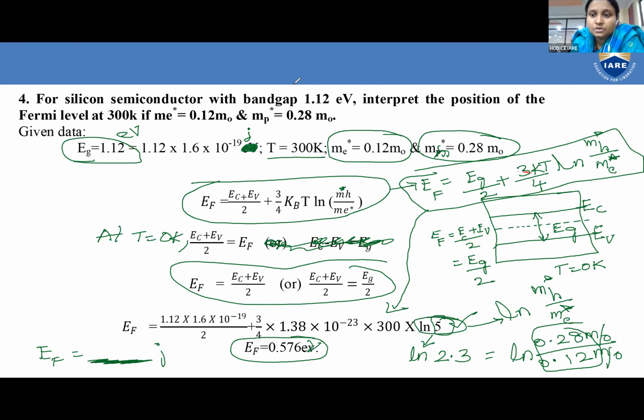Can anyone tell me the answer in joules? I want the Fermi energy value in joules, students.